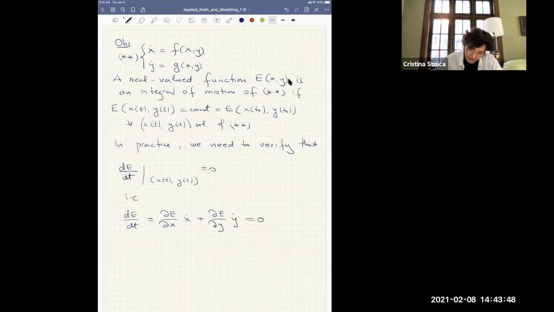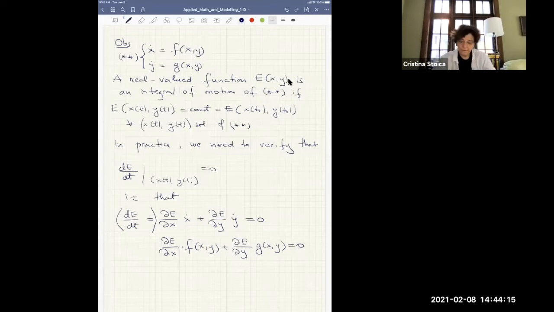So basically we have to verify, I'm going to put this in a bracket, that dE/dt, dE/dx, where now we substitute x dot with what is in the system.